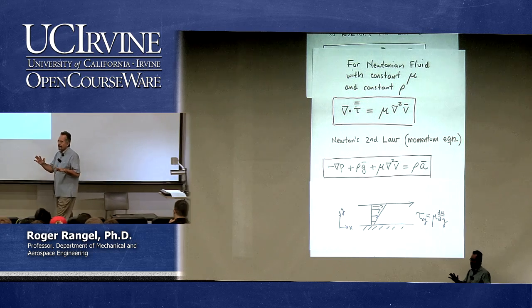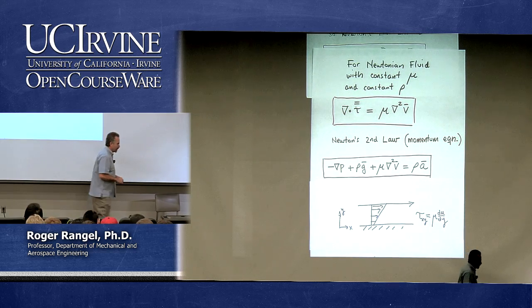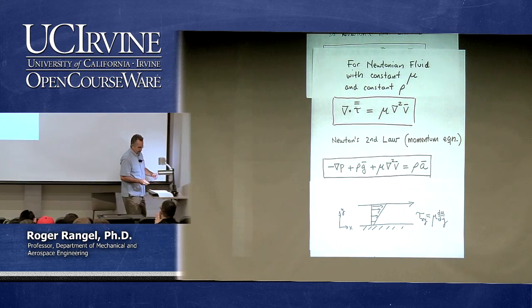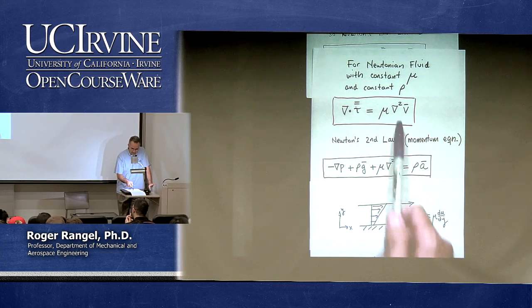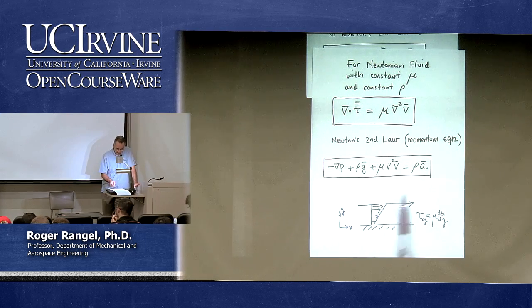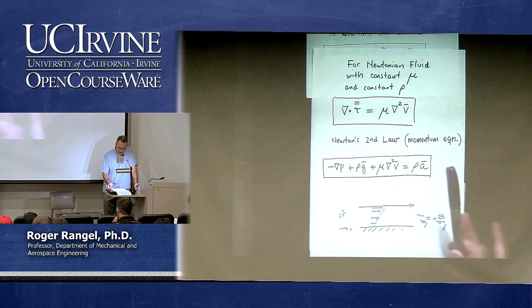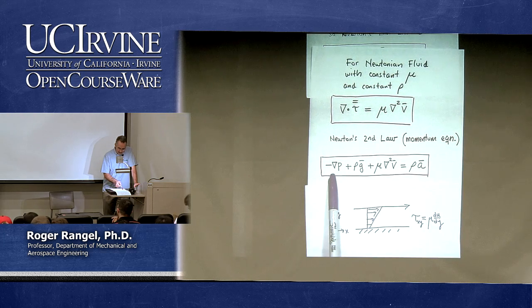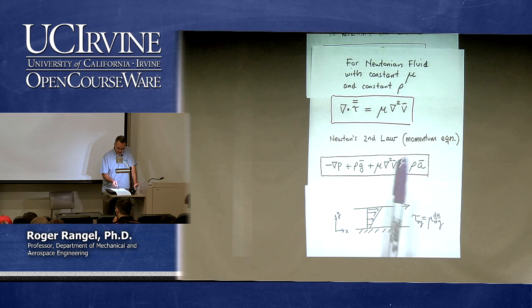But that's all we really need to learn at this point in our study of fluid mechanics. Constant density, constant viscosity. And here is our equation. All the terms are the same. Pressure forces, weight, the new term for the viscous forces, and the acceleration.